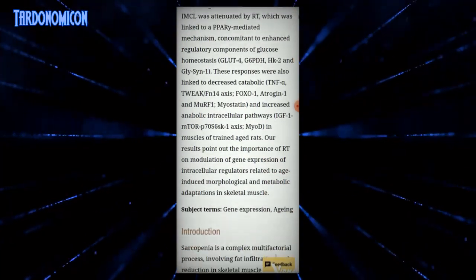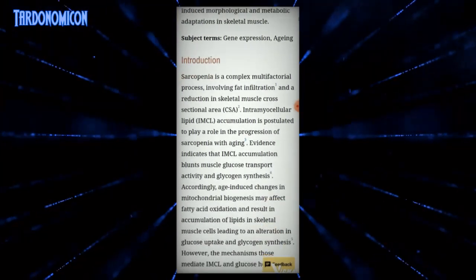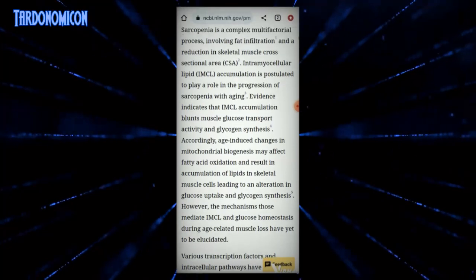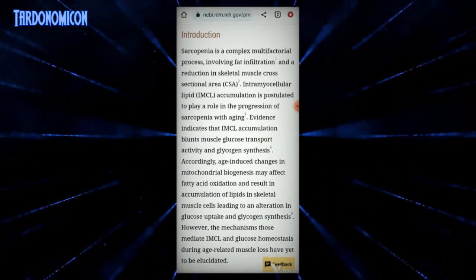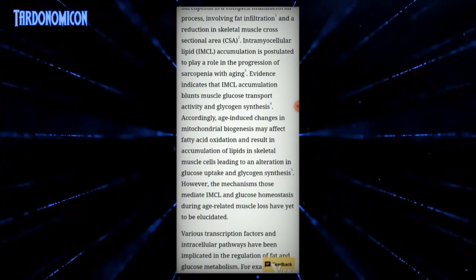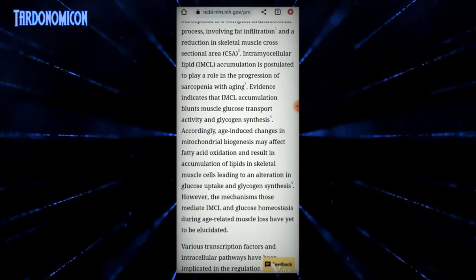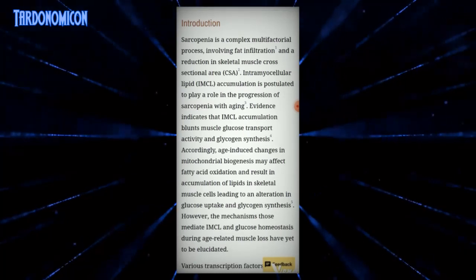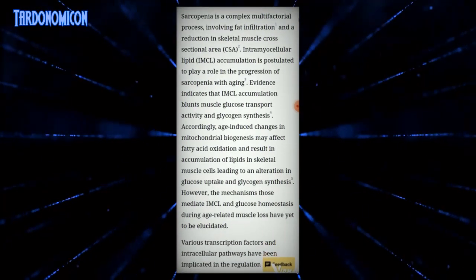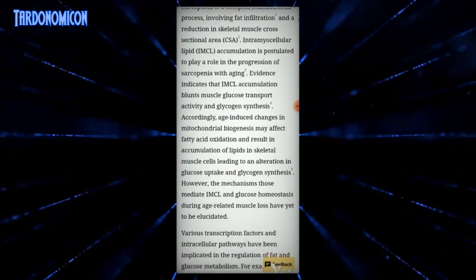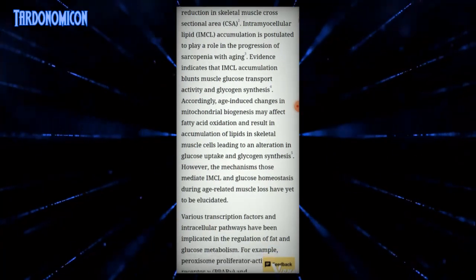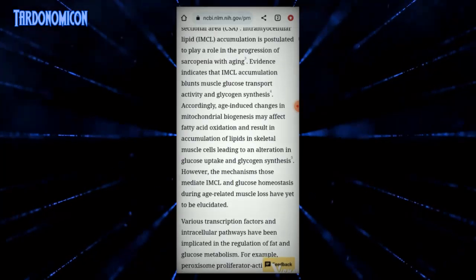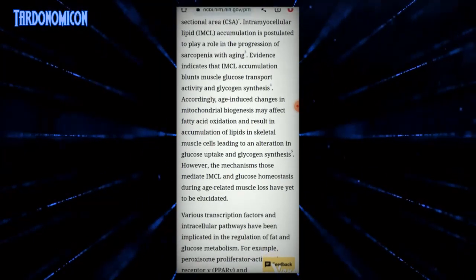Okay, so let's see here. Sarcopenia, okay, we already went through this. Let's see here. Evidence indicates that intracellular muscular lipid accumulation, which is what IMCL stands for, blunts muscle glucose transport, meaning the muscles aren't getting the energy they need to move properly.